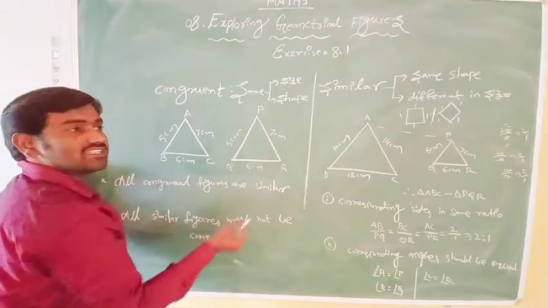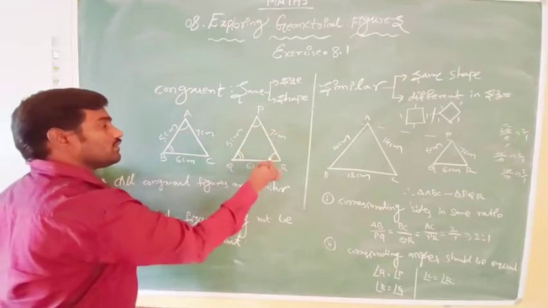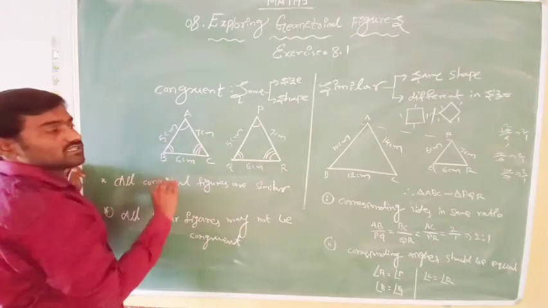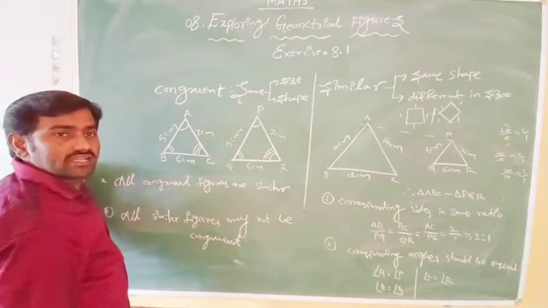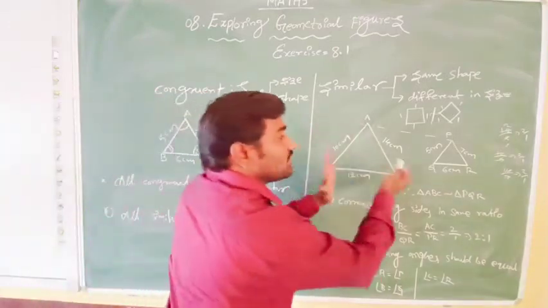Their corresponding sides are in equal ratio and the corresponding angles are also equal. Hence the congruent figures are similar.